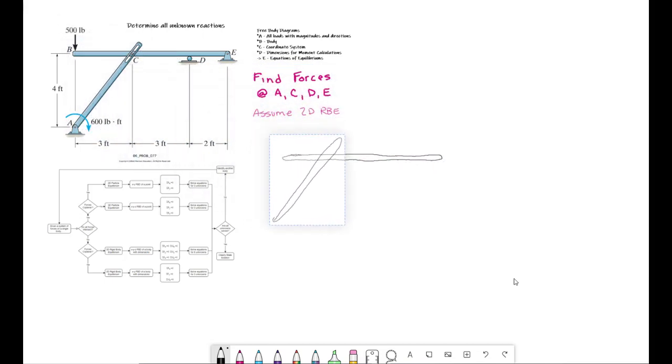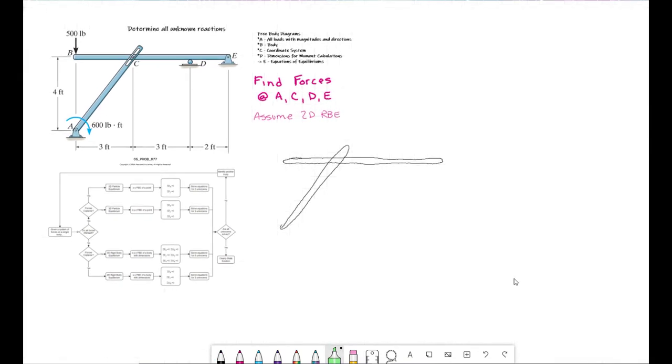That looks good. The body is drawn here. It doesn't include the pin, the moment, or the connections to the environment. It just has the full frame shown.